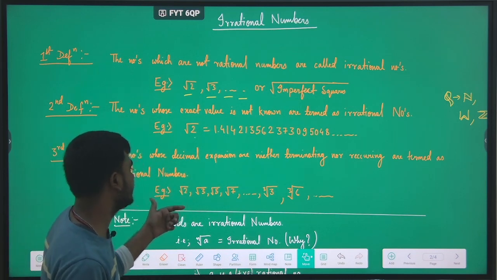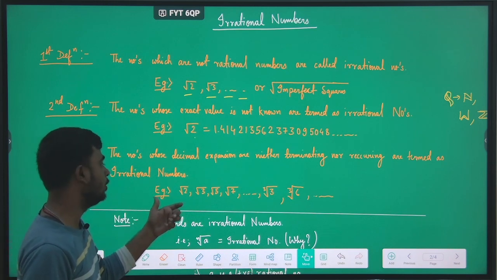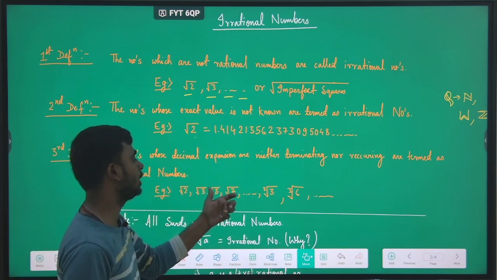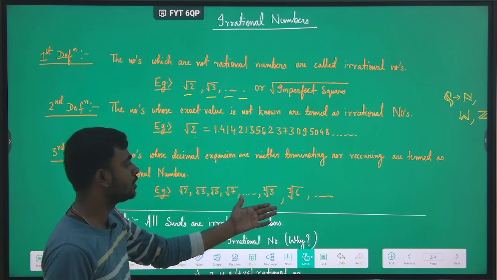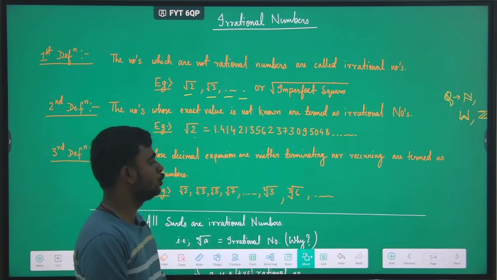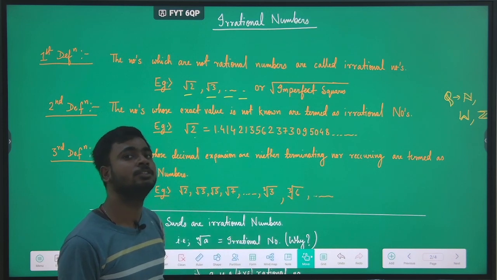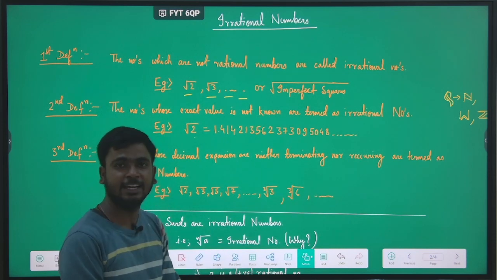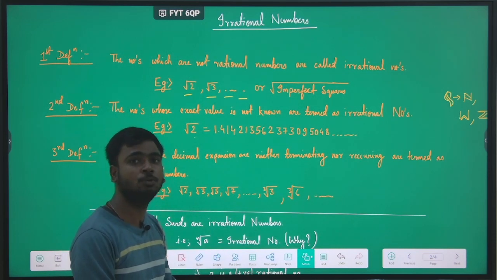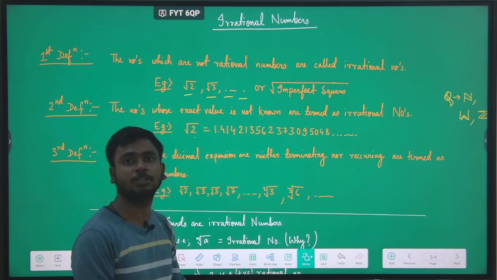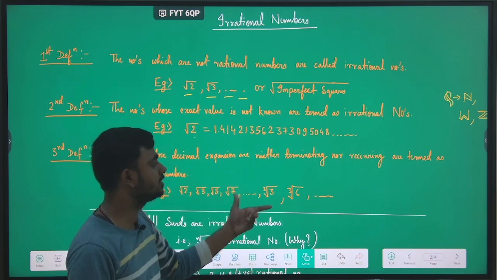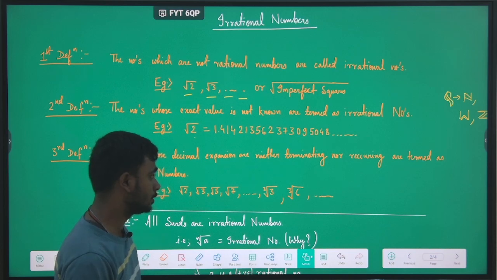So the examples for irrational numbers will be root 2, root 3, root 5, root 7, and let us suppose we are given cube root of 3, cube root of 6, fifth root of 7. These numbers will be irrational numbers, as their exact values are not known to us.